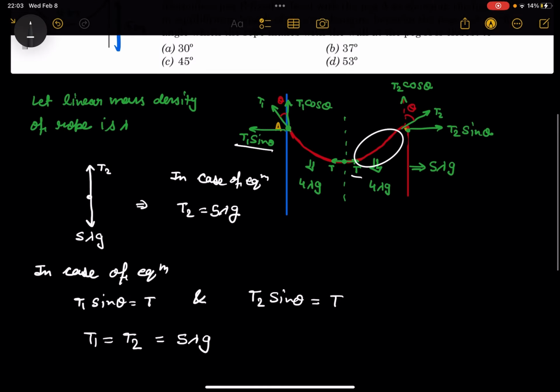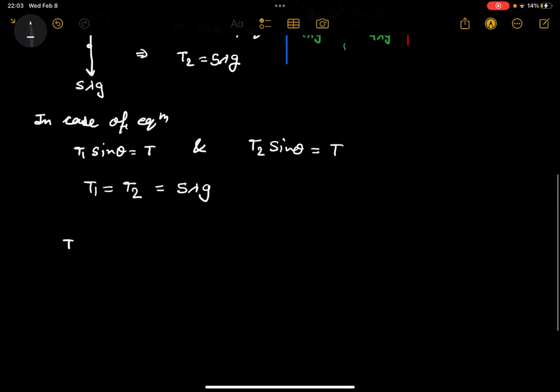Now in the vertical component, in case of equilibrium, the downward force acting is 4 lambda g and the upward force acting is T1 cos theta. So T1 cos theta is equal to 4 lambda g.